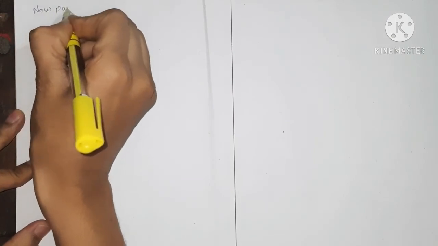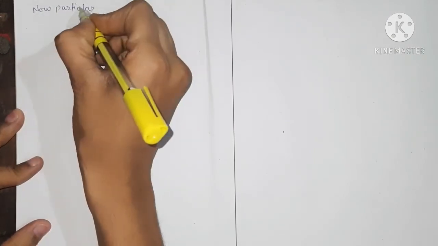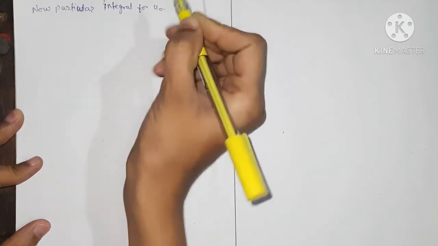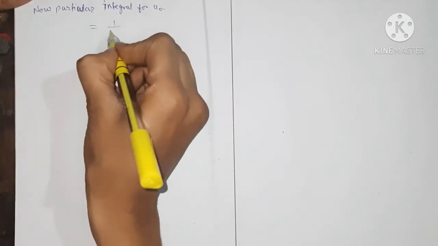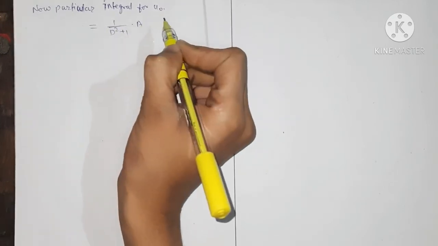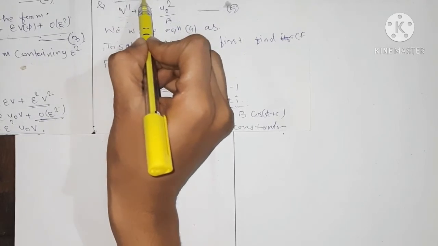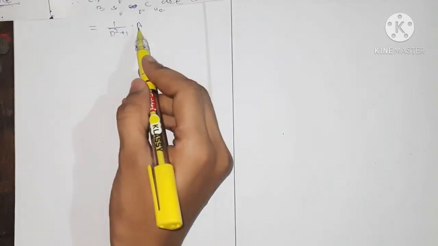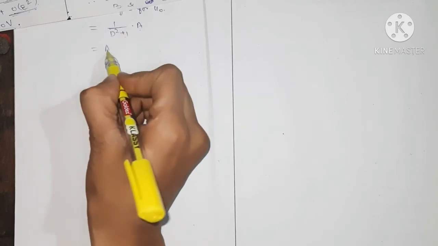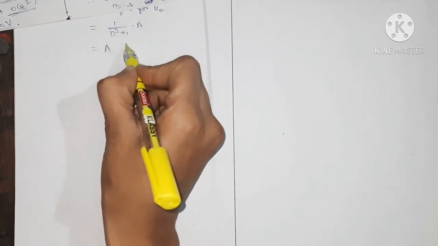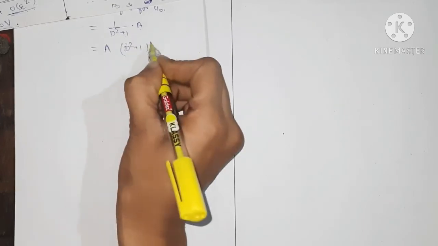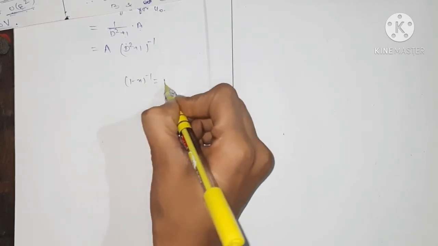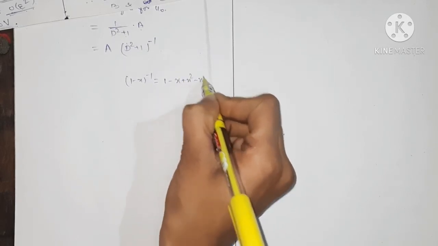Now the particular integral for u0 is 1 upon D square plus 1 into capital A, because our equation of u0 is u0 double dash plus u0 equals capital A. A is a constant, so it comes outside: A times 1 upon D square plus 1, which can be written as D square plus 1 whole bracket to the power minus 1, and we know that the inverse of 1 plus x is 1 minus x plus x square minus x cube and so on.